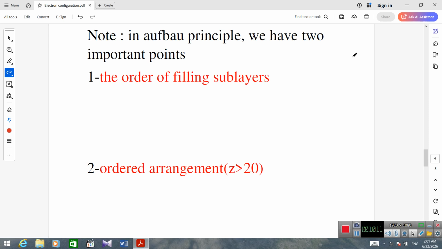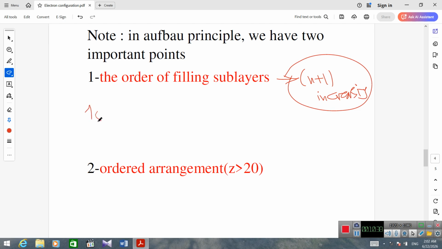And the one important note is that in Aufbau principle we have two important points. The order of filling sublayers, as I said, is based on n plus l increasing. The order follows n plus l increasing.